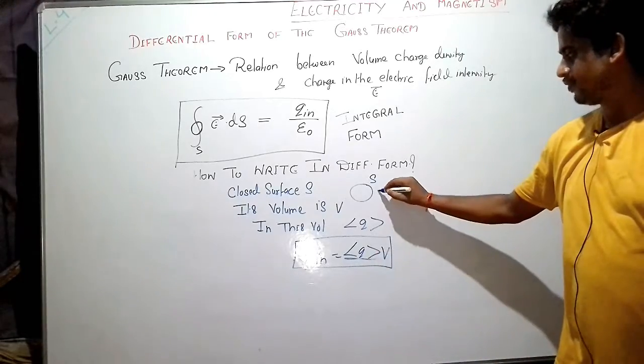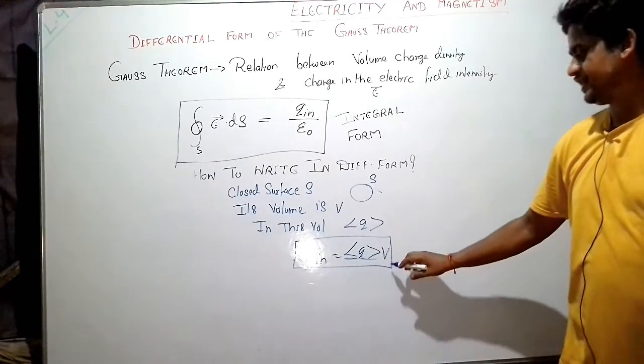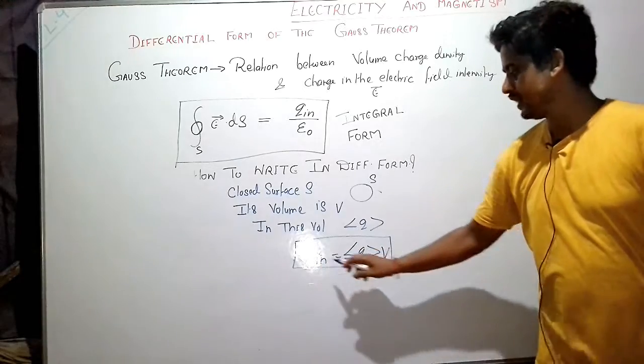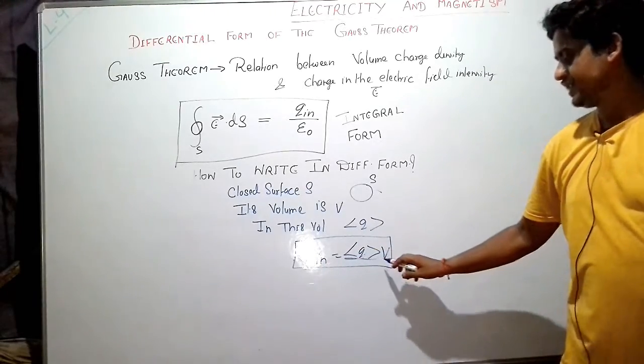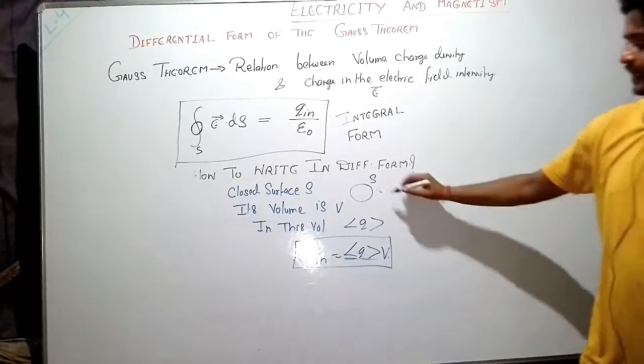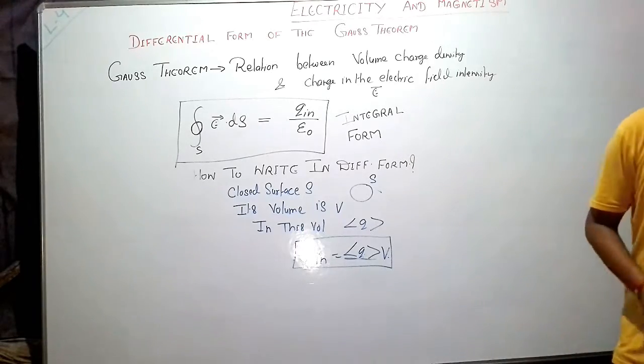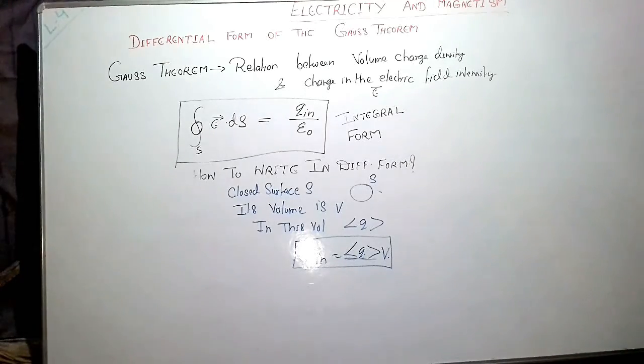So Q in is the average charge density multiplied by the volume V, where V is the volume element.